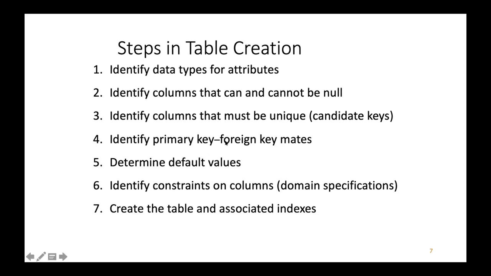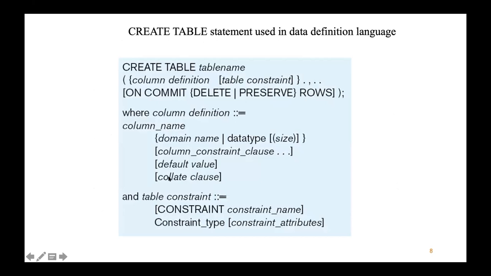So you need to identify the primary keys, the foreign keys, identify the constraints, and then you create the tables and indexes. Now this is how your create table syntax is. This is for you to only get a feel of it. We'll try and write a few create tables so that you get confidence that you can do it.